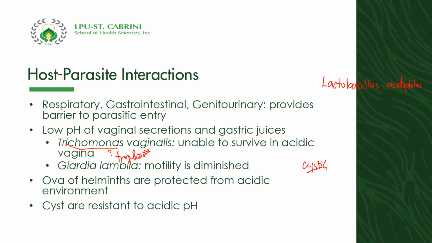But remember, these helminths, Ascaris, Trichuris, Taenia, and others, are protected against the acidic environment. Why? What is with them? Because they are embryonated. Aside from that, they have a thick shell covering.